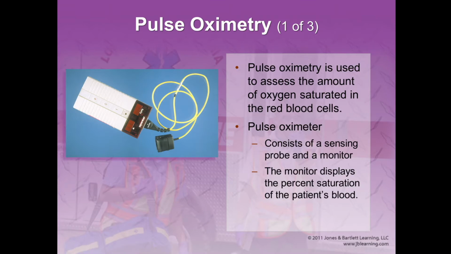Pulse ox can give incorrect readings for people who have lost a lot of blood. People with nail polish, sometimes people with cold fingers, dirty hands, because you're putting it on a finger and trying to read the red blood cells inside the blood using infrared. And high carbon monoxide poisoning will also give false readings.